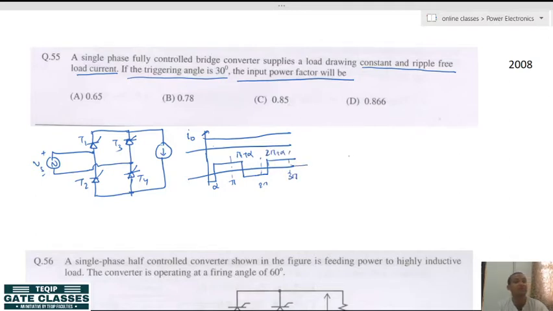For this circuit, we have already calculated the performance parameters.